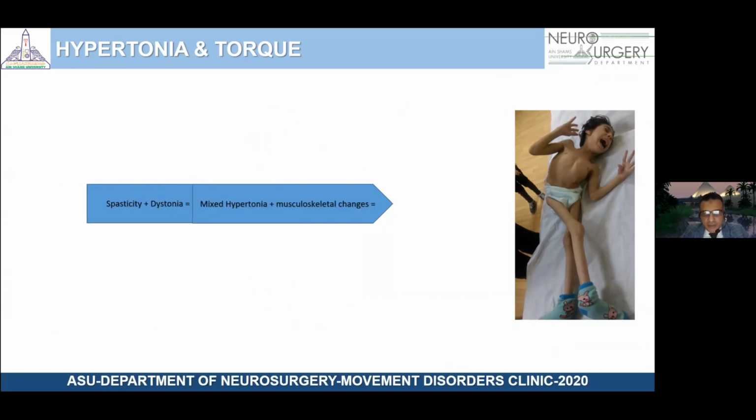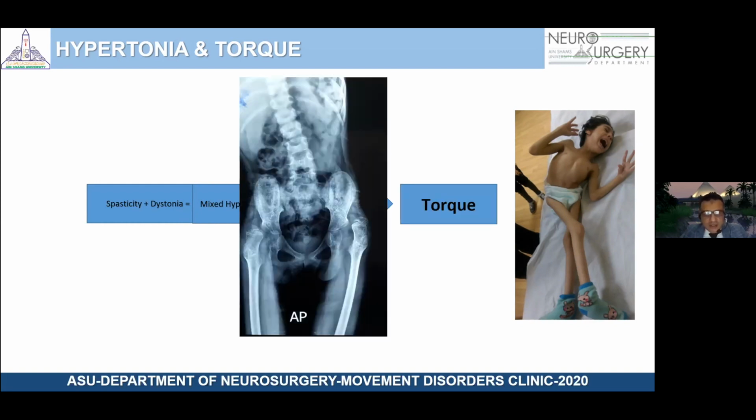And this hypertonia in the presence of musculoskeletal changes associated with the upper motor neuron lesions results in a force called the torque. The torque is the sum of forces imposed on the growing skeleton, either by the hypertonia or by the local changes in the muscle and skeleton. This force may result in deformity in the axial skeleton, resulting in scoliosis or pelvic obliquity, or in the peripheral skeleton, resulting in rotational deformities and joint dislocation.